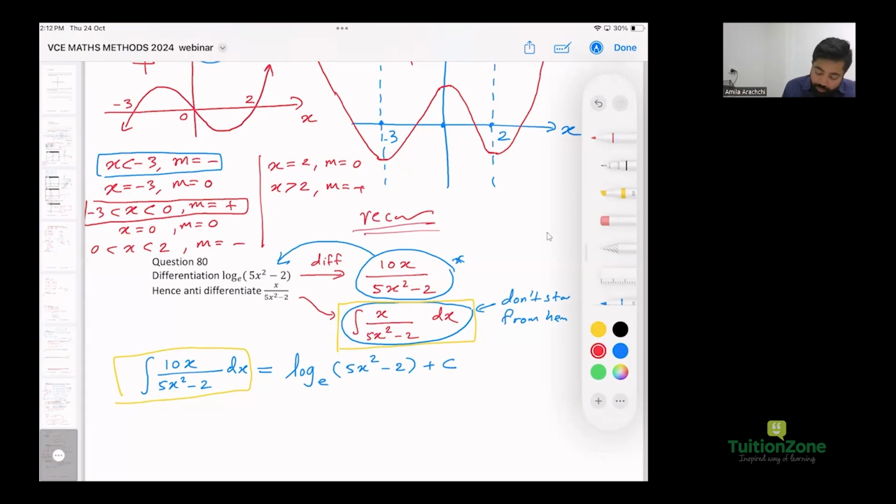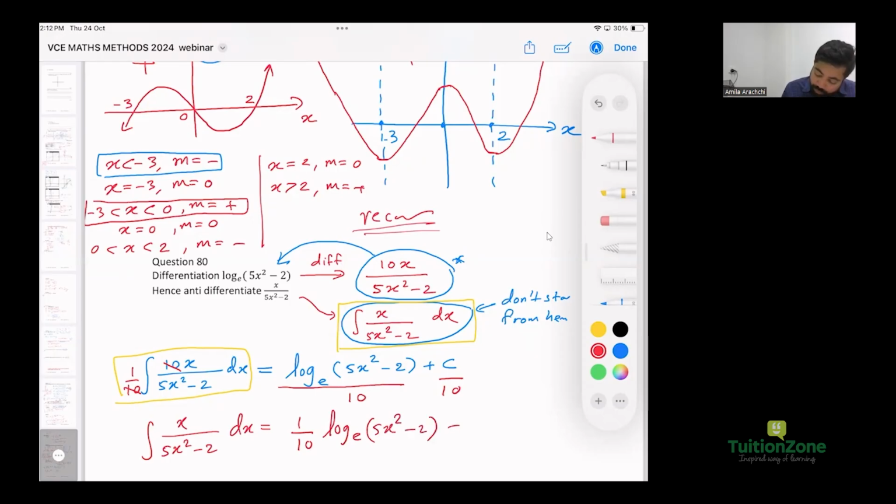Very simple. So divide by 10. What's the answer? Cancel that. Integral of x over 5x squared minus 2 dx should be equal to 1 over 10 log e 5x squared minus 2 plus c over 10.